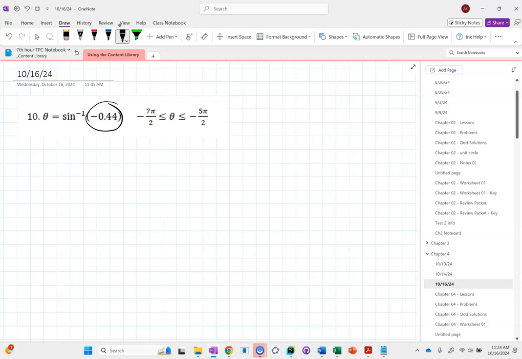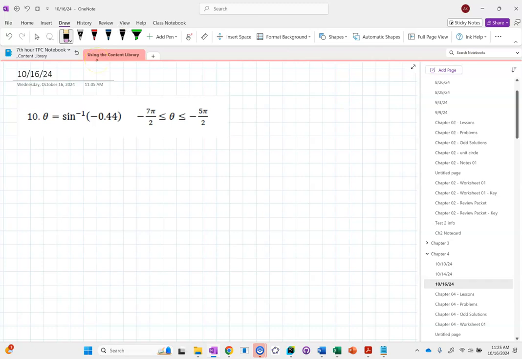Your unit circle coordinates are like 0, 1/2, square root of 2 over 2, square root of 3 over 2, 1, and then the negatives of all those things. So clearly a calculator problem, right?